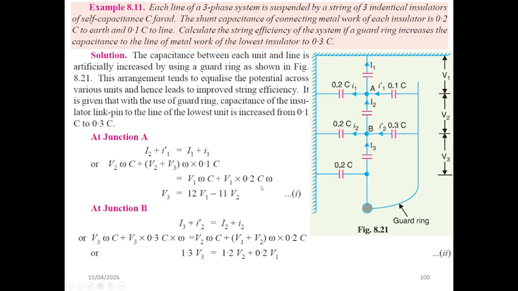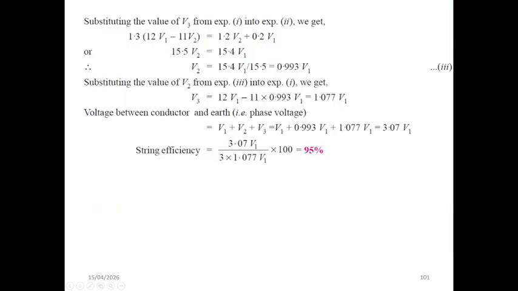V3 can be calculated in terms of V1 and V2 based on this equation. At junction B we will have a similar equation. So, two equations and three variables; one of the variables can be removed, and we will have V2 in terms of V1.